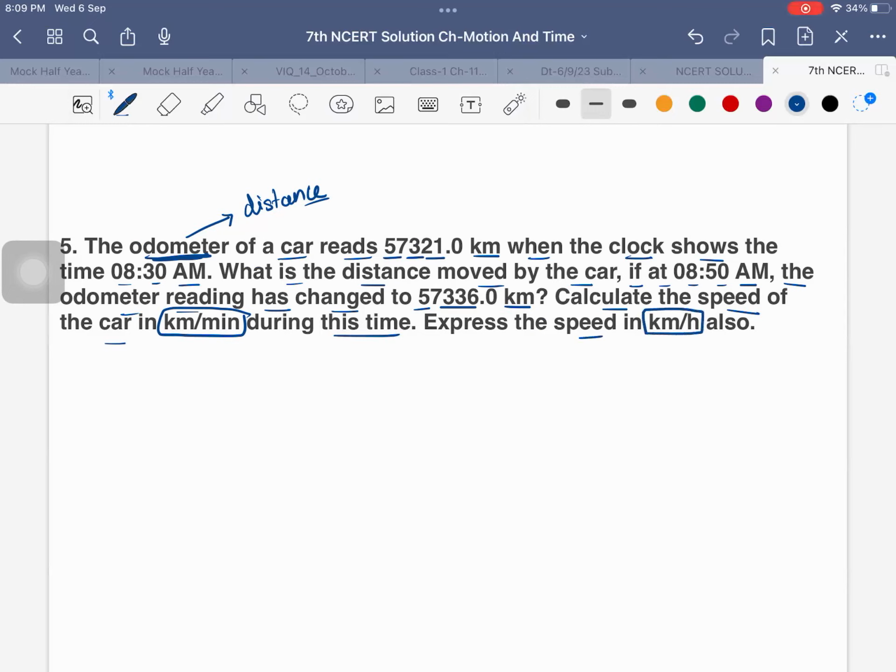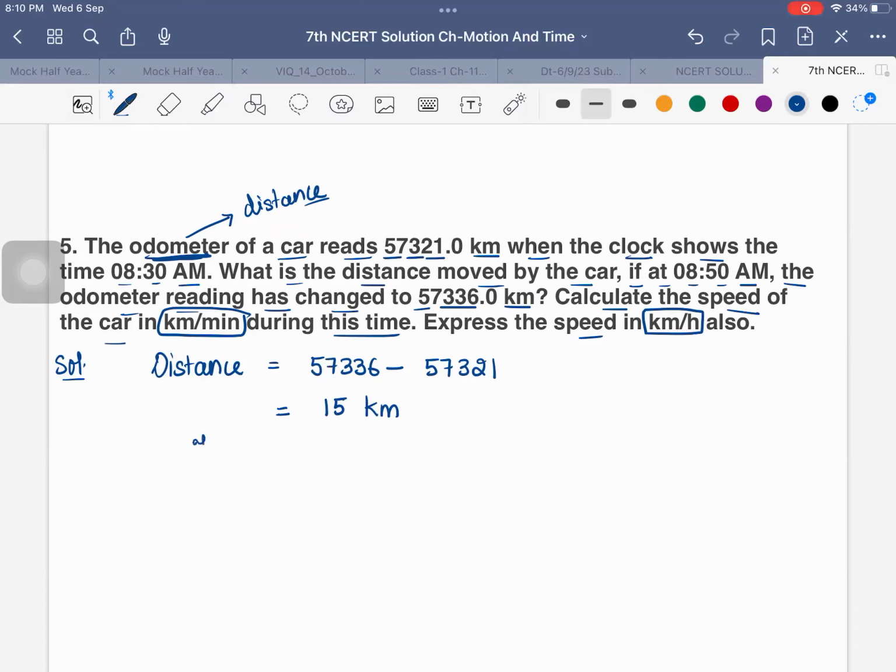So let's find out. First, we have to calculate the distance traveled by the car. It should be 57,336, that is the final reading of odometer, minus 57,321, that is the initial reading of odometer. So we get the answer 15 kilometer.